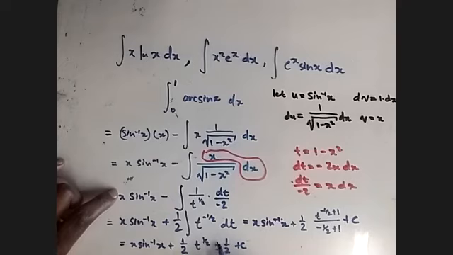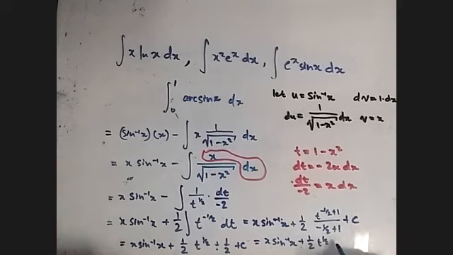To change this, I'm going to have to invert the base, meaning that I'm going to have x sine x plus 1/2 t to the 1/2 multiplied by 2. And as you can see, this and that will give us 1.